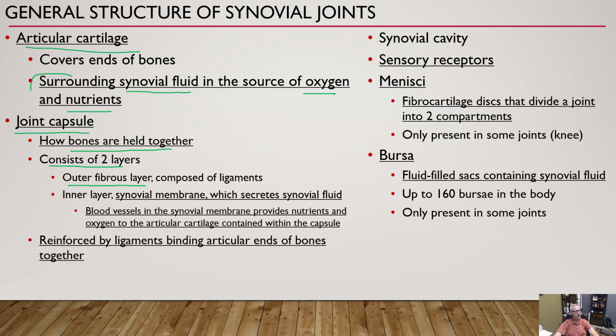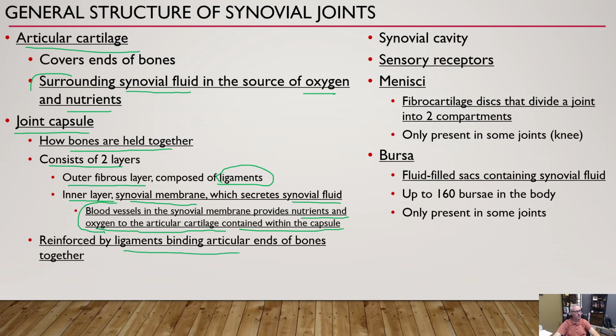We have that outer layer, which is going to be composed of ligaments. Remember, ligaments connect bone to bone, tendons connect muscle to bone. And we have an inner layer, and that's where we're going to see that synovial membrane that secretes the synovial fluid. We also have a bunch of blood vessels, and remember, blood vessels typically provide all of the nutrients and oxygen to that articular cartilage, and that's contained within this joint capsule.